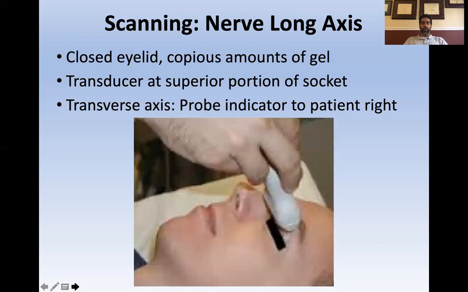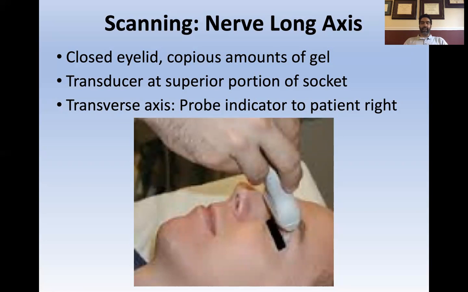So here's that approach. This is a nerve long axis approach, or a transverse to the eyeball approach. What you do is place the probe on a closed eyelid with copious amounts of gel. Ideally use sterile gel, so don't use the gel you used on the bladder ultrasound just previously.